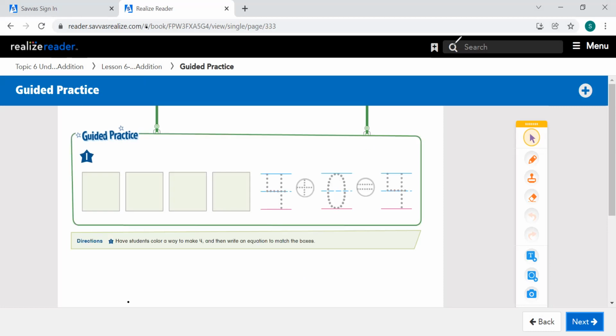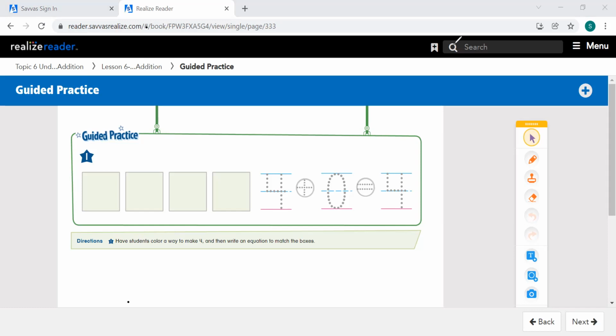So this is our guided practice. You are going to color these boxes in a way to make 4, and then you're going to write an equation to match the boxes. So you can color 4 of those boxes any color. Choose one color. They already shaded them in. So I see 4 boxes colored.